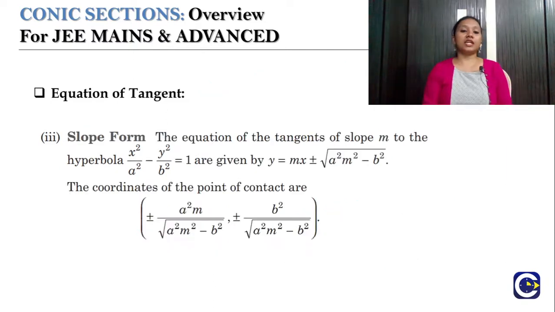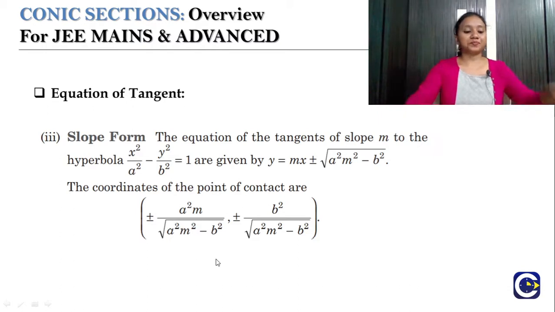The next and most important form of equation of tangent is nothing but the slope form. Whenever we write the slope form of equation of tangent, we must identify the condition of tangency first. We have even seen this condition of tangency in circles, parabola and ellipse. Now again we are going to see the condition of tangency for our hyperbola too, but the conditions will be different.